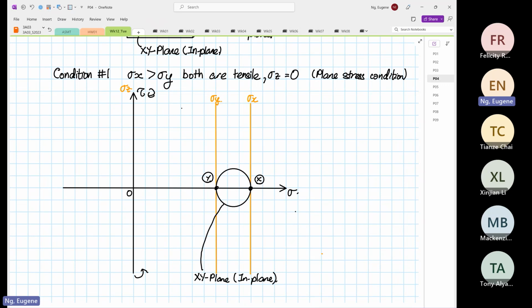And then we know that this is the tau max for your XY plane.